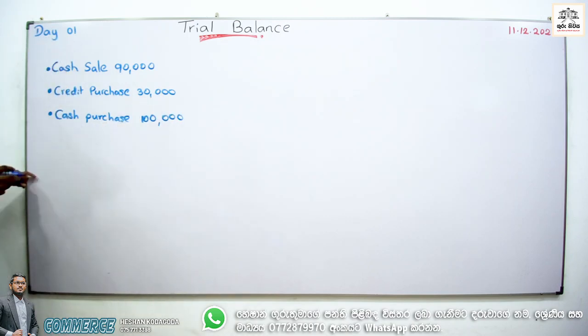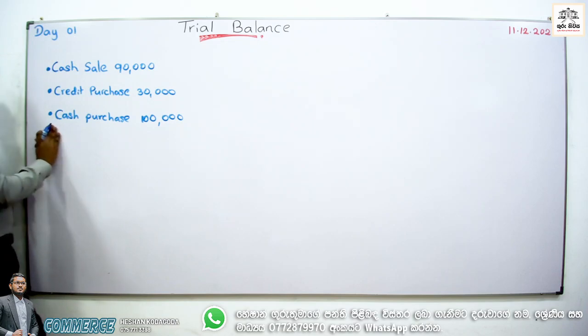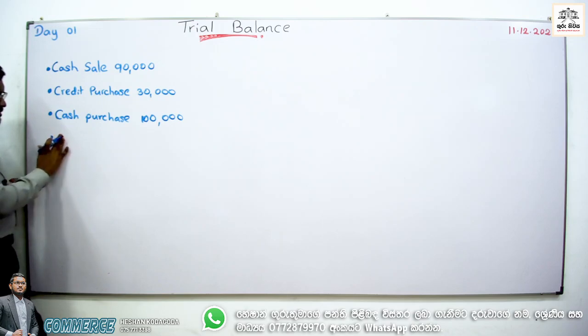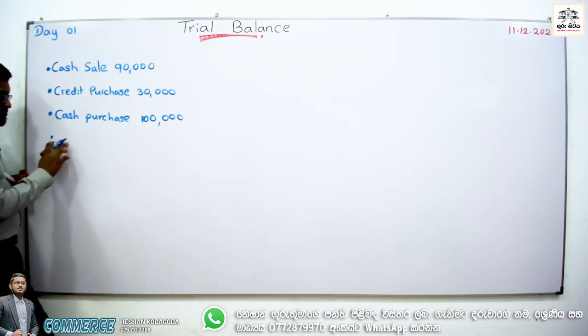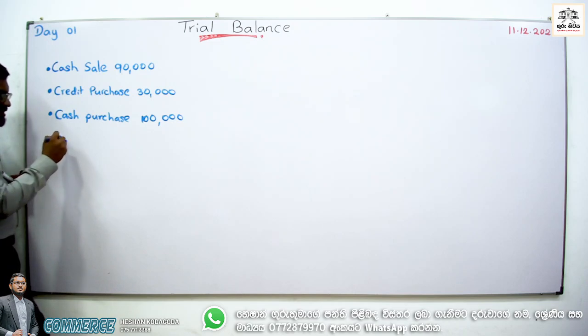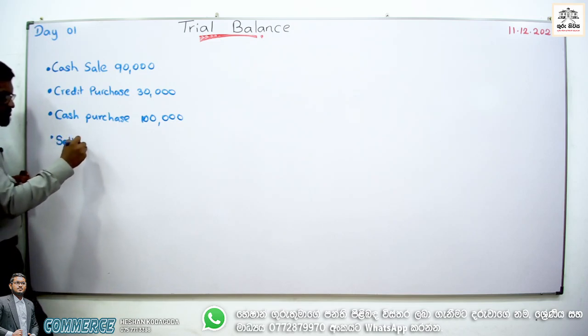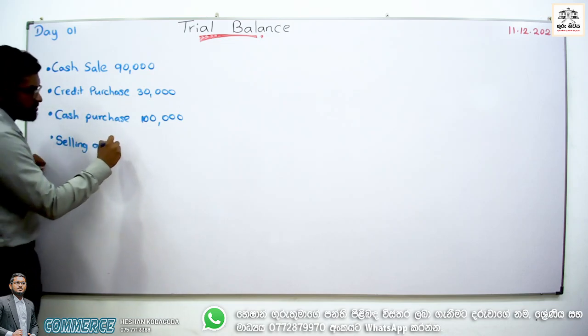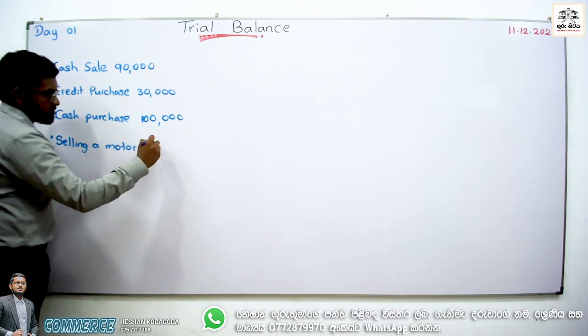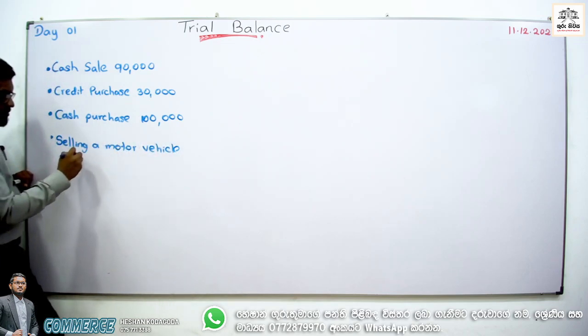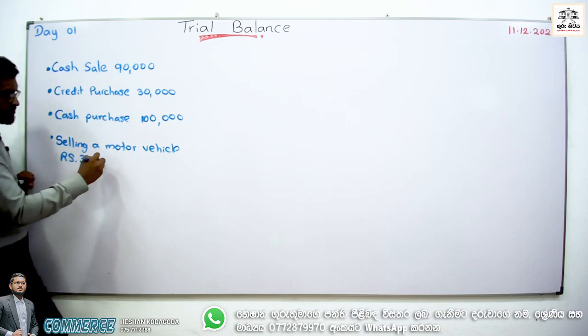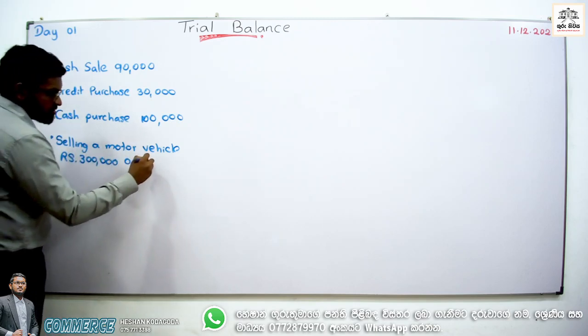Then I'm going to take selling a motor vehicle, rupees 300,000 on credit basis.